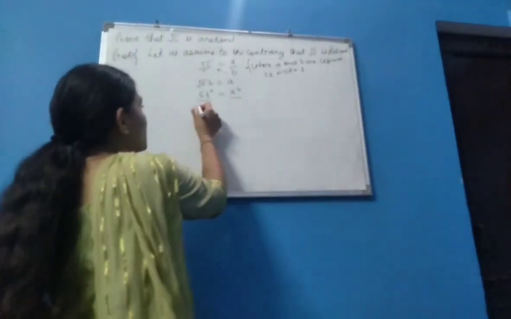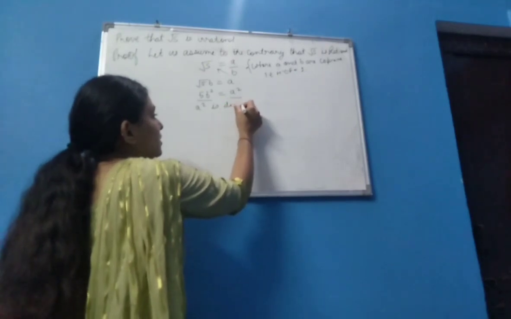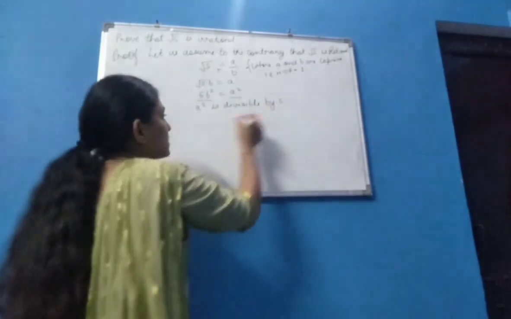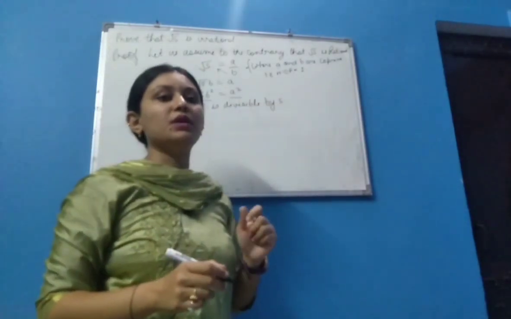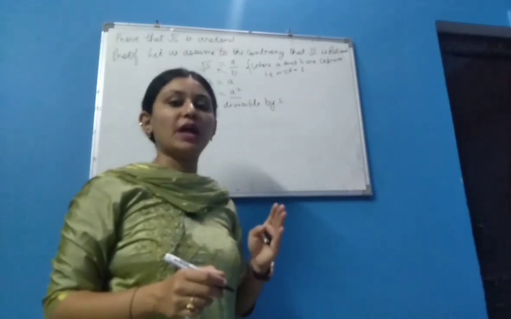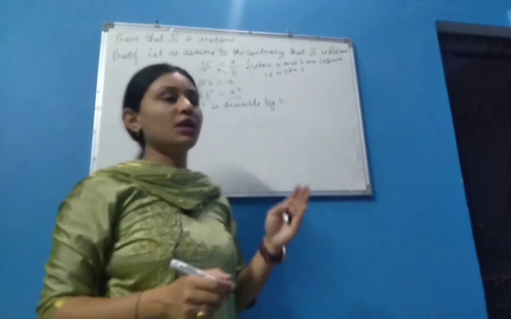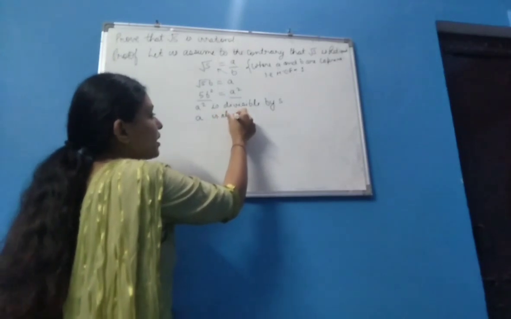So we know the theorem that if P is a prime number and A square is divisible by that prime number P, then A is also divisible by P. So we can say that A is also divisible by 5.